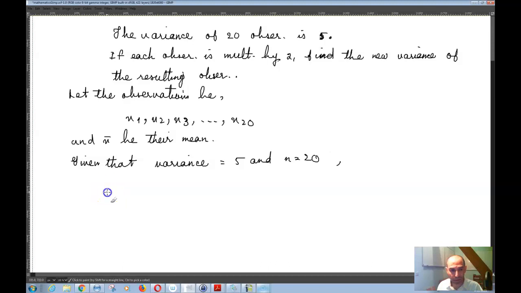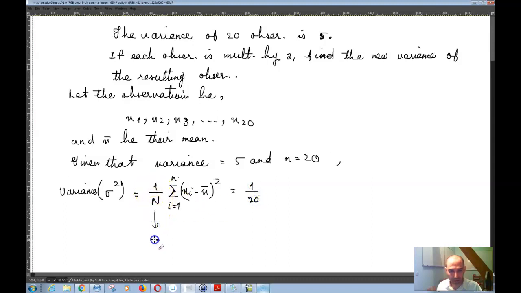basically sigma squared, or variance, is generally equal to 1 over n, sigma of, you can omit f of I here, x of I minus x bar whole squared as I goes from 1 to n, which you can write as 1 over 20.